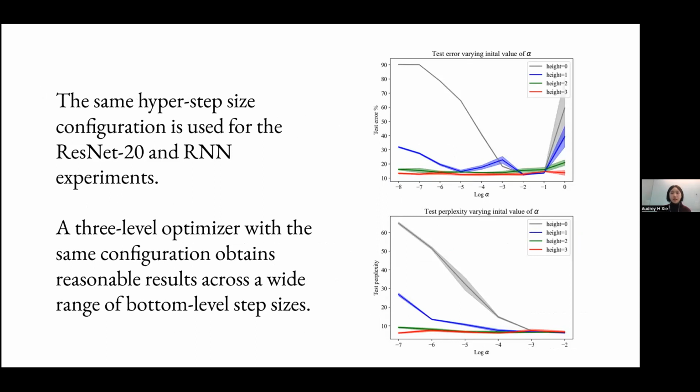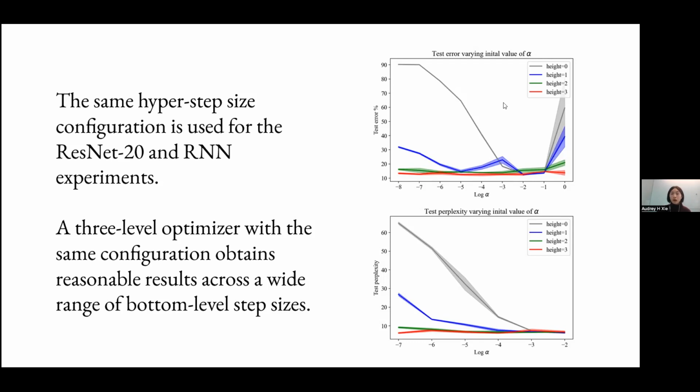Now we repeat these experiments for a ResNet 20 and an RNN using the same hyper step size configuration, meaning the same pattern of initializations. And we see that the same properties hold in these cases. The height of 3 obtains pretty good results across a wide range of different initial learning rate values.